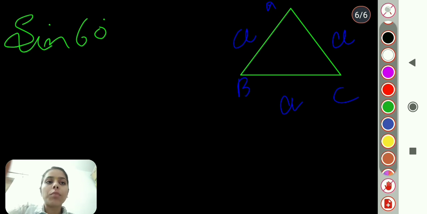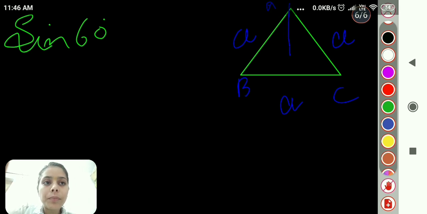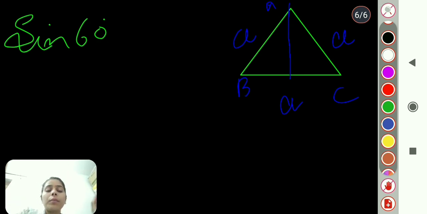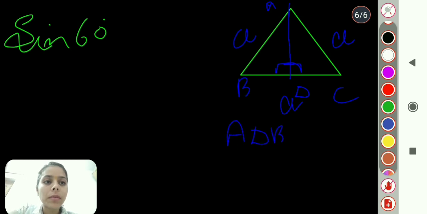I am drawing a perpendicular to BC from A. Again I can say this triangle ADB is congruent to ADC, right? Triangle ADB is congruent to ADC.